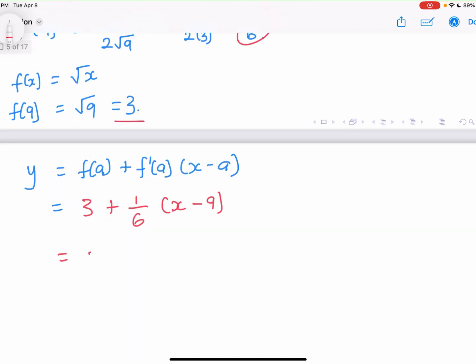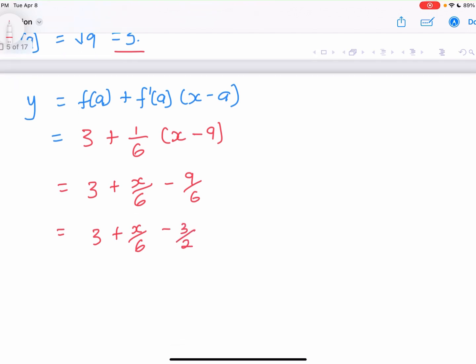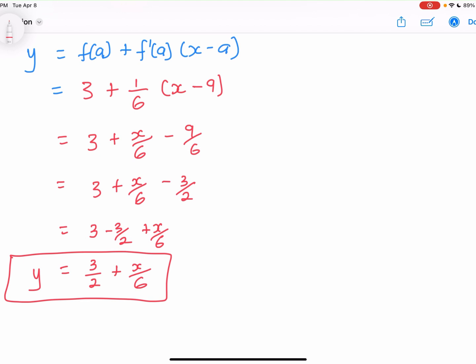So we are going to have 3 plus x on 6 minus 9 on 6. So now let's simplify further. 3 plus x on 6 minus 3 on 2. So that's our linearization of f of x is equal to square root of x.